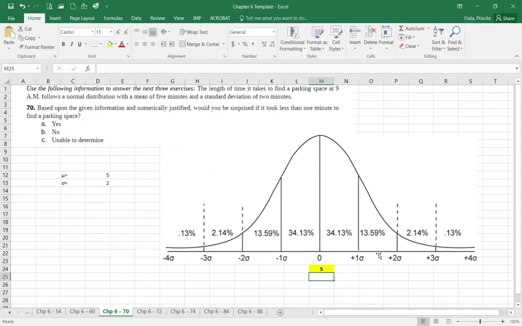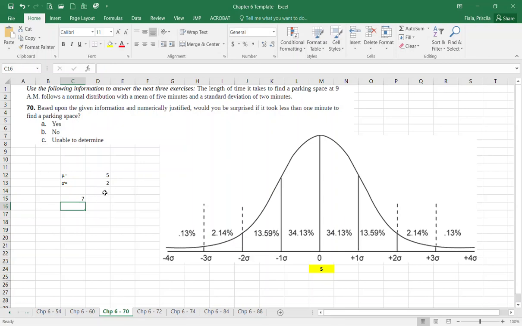So if you calculate the intervals for 1 standard deviation, 2 standard deviations, 3 standard deviations, which would be your normal distribution, you would say that 68.27% is within 1 standard deviation of the mean, which equals your mean plus, for the positive side, 1 times 2, your standard deviation, correct?